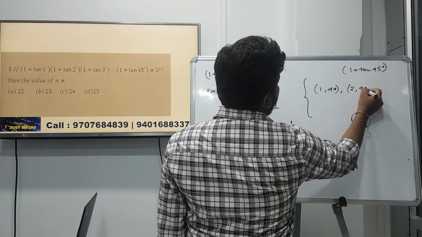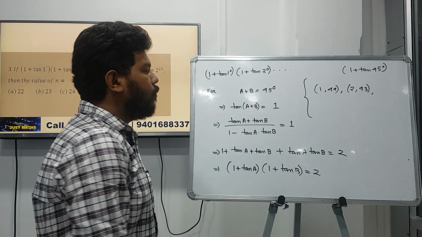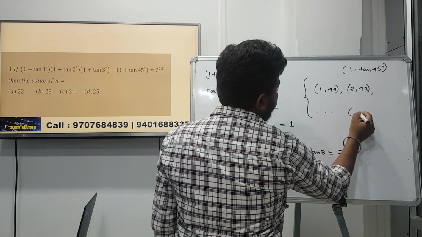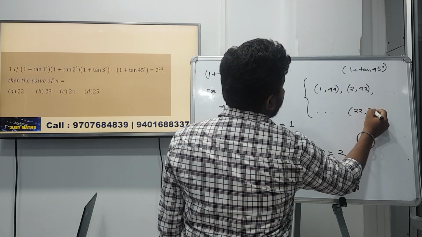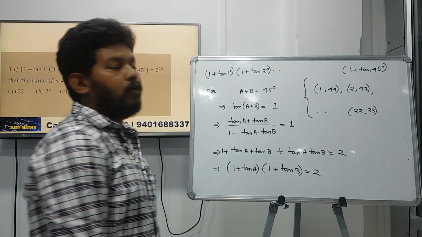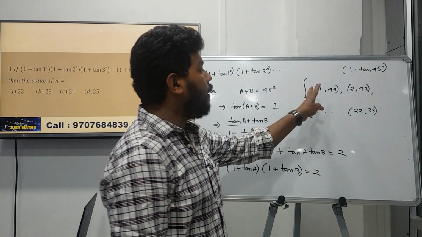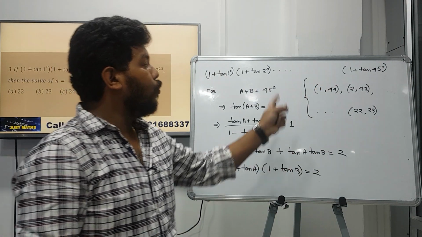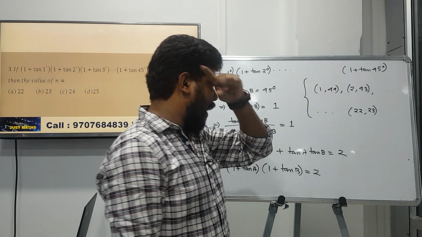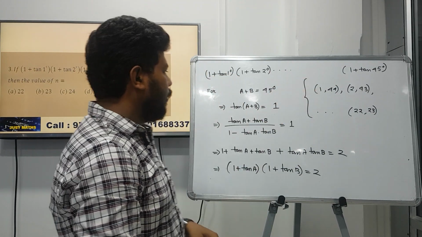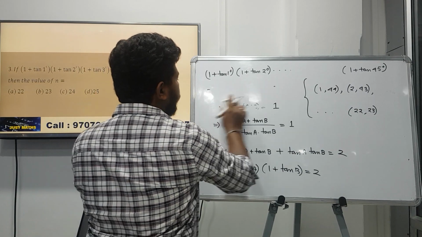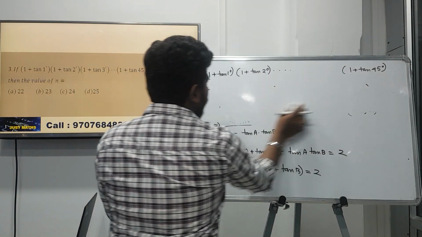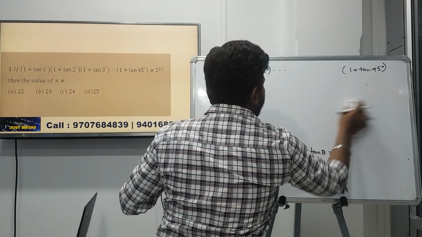2 and 43, their sum is 45. Dot dot dot, 22 and 23, their sum is 45. Now there are 22 such pairs whose sum of the angles is equal to 45 degree. So we can proceed with this result.